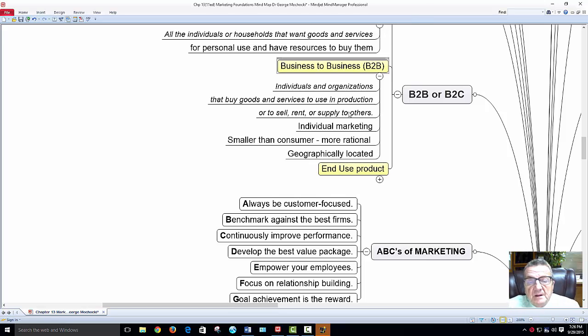Okay? Let's see, individuals and organizations buy goods and services for production, to rent, or to sell. Individual marketing is smaller than consumer marketing, and more rational.